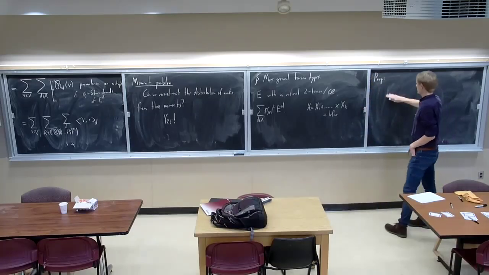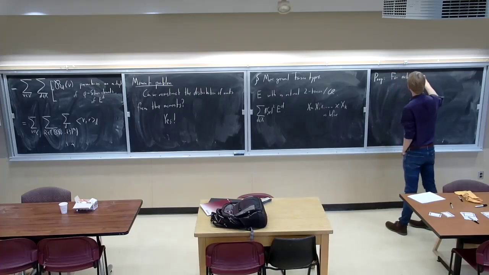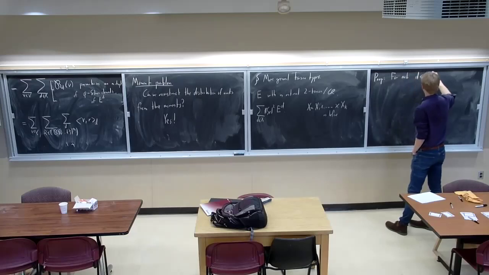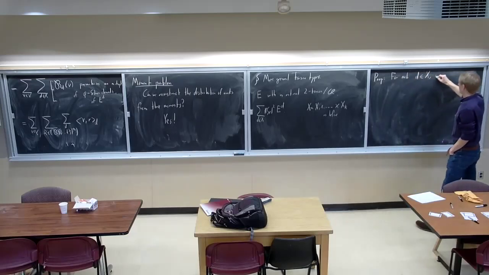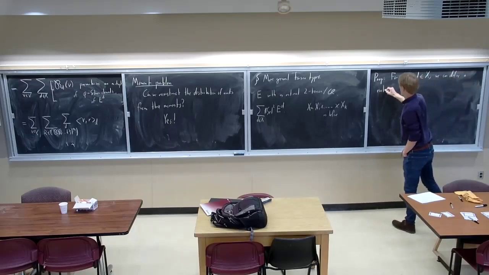So here's a proposition. For each G inside of this grid X, we can define a natural parameterization map.